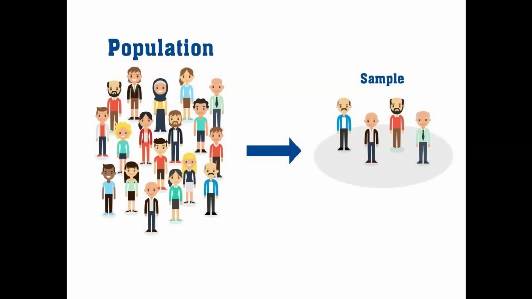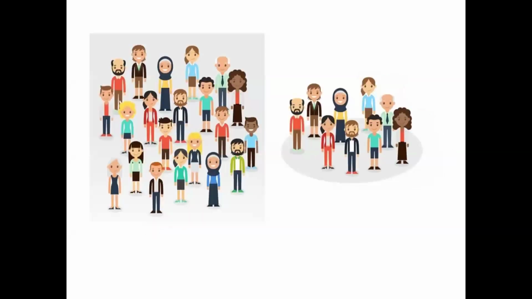This population has males and females and children, etc. So this sample could not represent this population. But on the other hand, this sample could represent this population because this sample includes males, females, and children. So this sample is representative of this population.